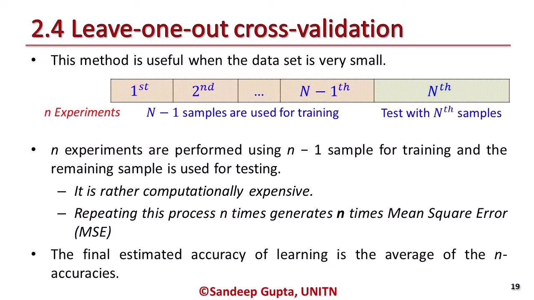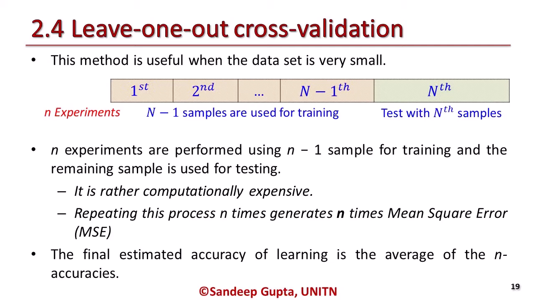Leave one out cross-validation is useful when the dataset is very small, and you want to use as much of your data for training the model. It can be considered as a special case of k-fold cross-validation with k equal to n samples. N experiments are performed using n-1 samples for training, and the remaining 1 sample is used for testing.